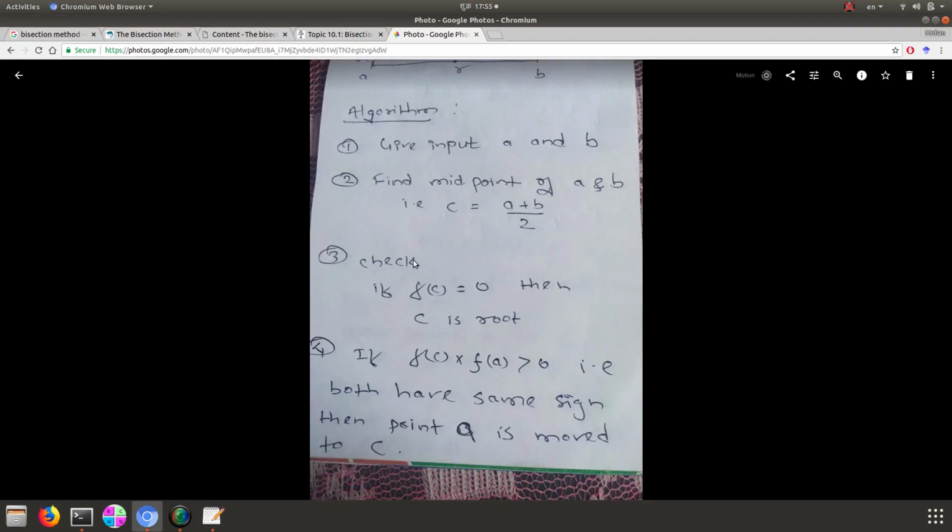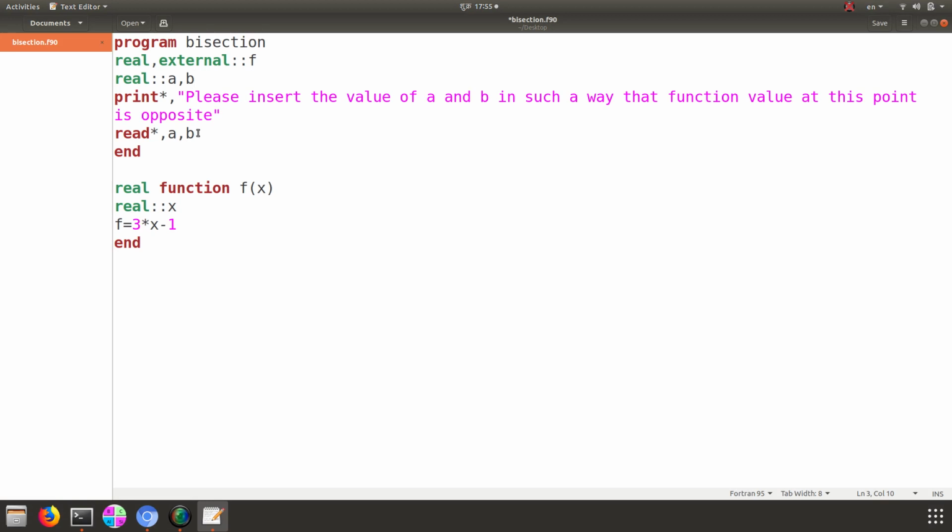Now next is to find the midpoint of a and b. Okay, so let us find the midpoint of a and b. For that we need to define c equals a plus b. Okay, I need to include this inside brackets, divided by 2.